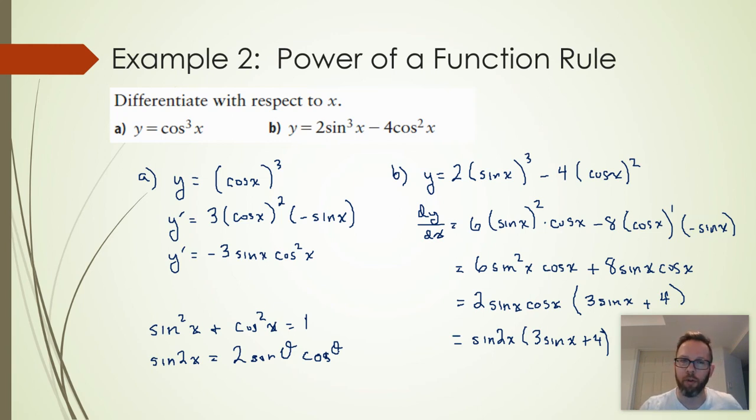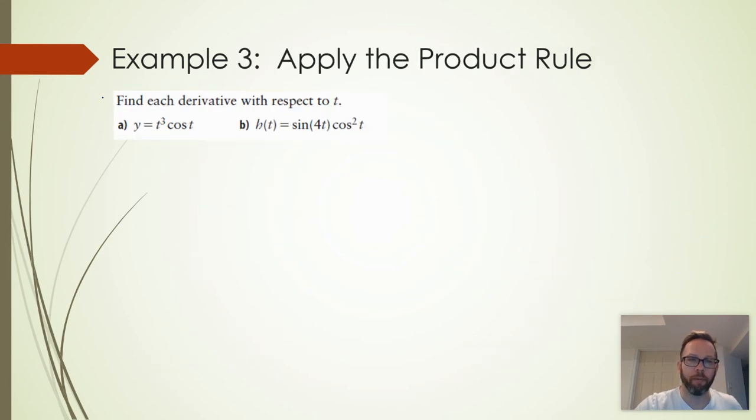Especially with this particular topic in the resource you guys are using, you might do a derivative and check the back of the book and see that their answer is different than yours. But that just might be because they've used an identity to simplify, or they factored. So that's something that you need to keep in mind, especially this double angle formula. In any case where the book has a factor of 2 sine x cos x, they're going to write that as sine 2x.